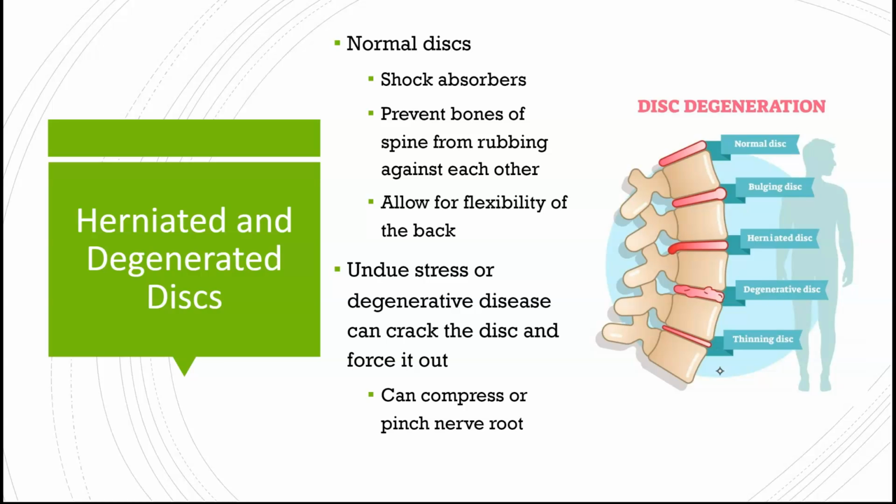Other things that we're probably super familiar with, right? Herniated and degenerated discs. The difference between a normal disc and a herniated disc is that all of those little shock absorbing areas have been squished out from between the vertebrae. This is very commonly caused by undue stress or stretching and inappropriate movement, right?